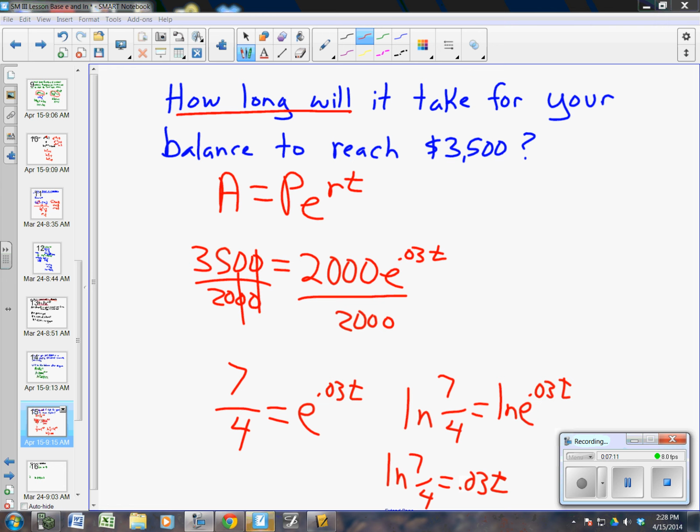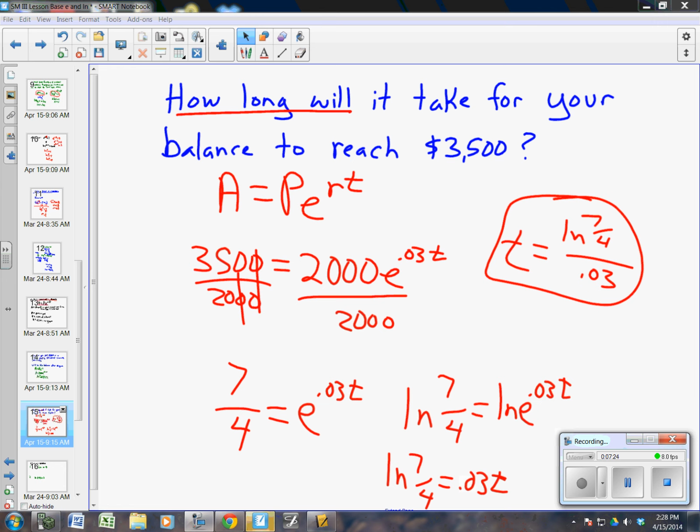So divide by 0.03. So T, the time, is equal to ln of 7/4, all divided by 0.03. Put that in your calculator, and that's going to tell you how many years you would have to do that.